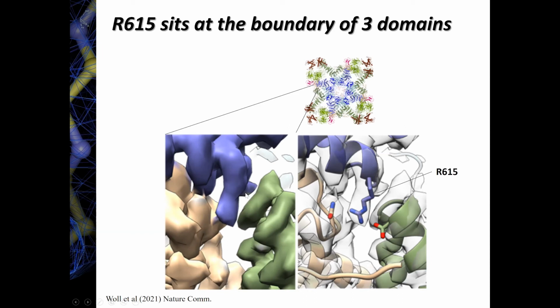And so this arginine 615, its side chain is actually very well resolved in the cryo-EM density. And you can see it's actually strategically located at the interface with two other domains. Okay, so it's part of this blue solenoid region, and it forms interactions with this green solenoid and this beige solenoid. So it really sits at the domain-domain interface, and this is actually where you typically find disease-causing mutations in the ryanodine receptor.